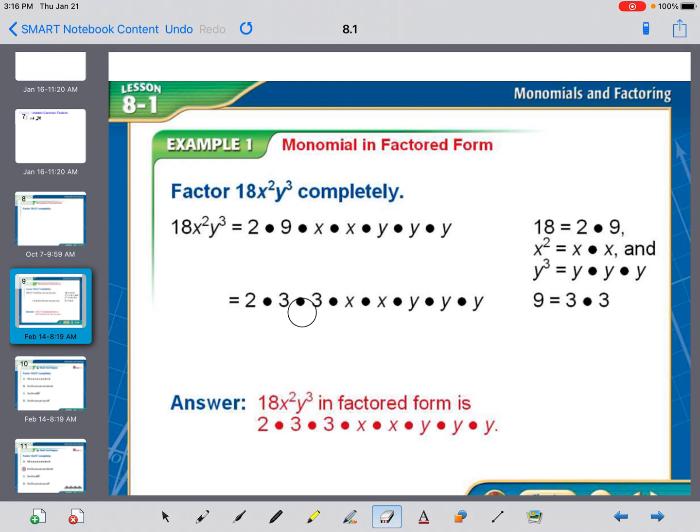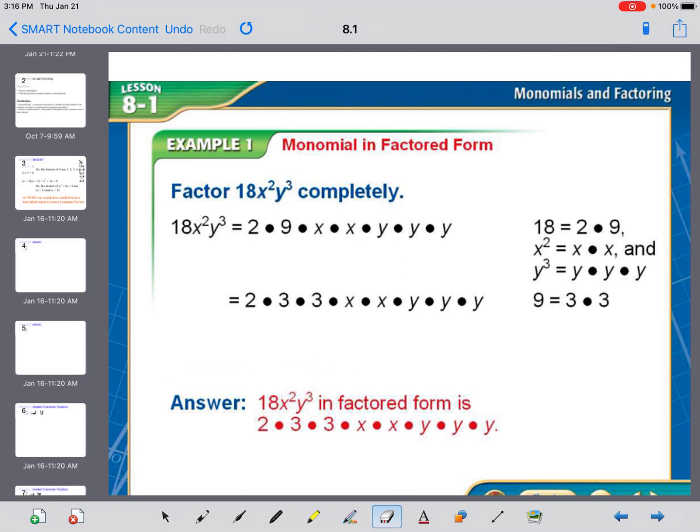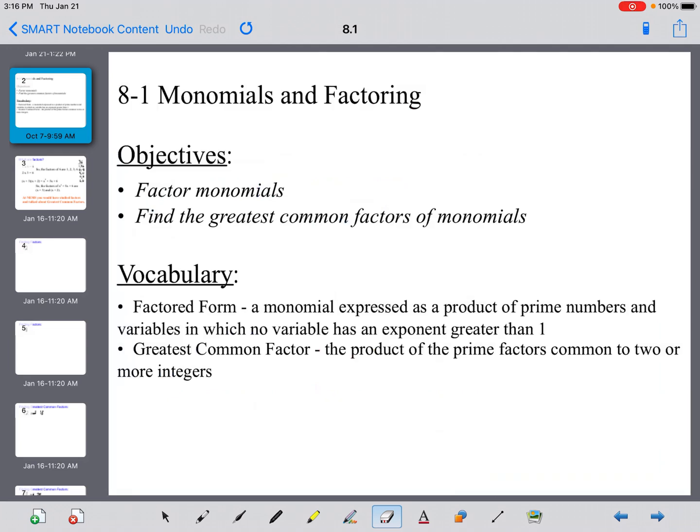But all these are prime numbers, so you wouldn't put 2 times 9 or 3 times 6, although those are 18. You want to break it down into prime numbers. Then you have x times x, which is the x squared. And then you have y times y times y, which is the y cubed. So when they say factored completely, or factored form, that's what they're saying. Then we deal with greatest common factor.